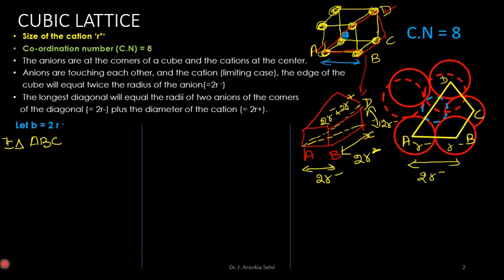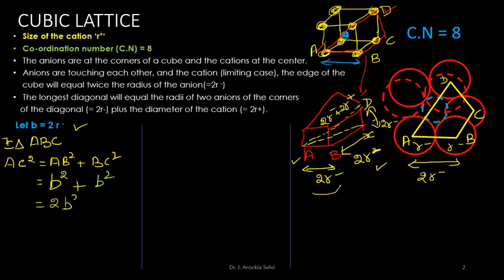In this triangle, using the Pythagoras theorem, AC square is equal to AB square plus BC square. AB is 2r minus, which we have assumed to be b, so AB square is b square. Similarly, BC is also 2r minus, so again b square. So that will be 2b square. Then AC will be root 2 b. So this is in triangle ABC.